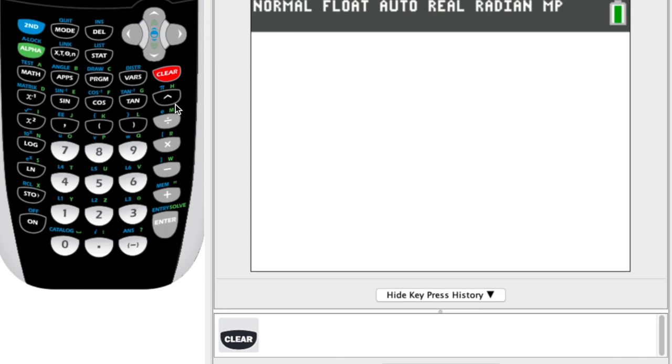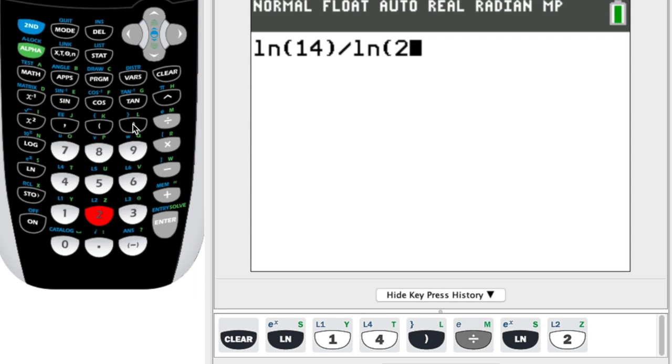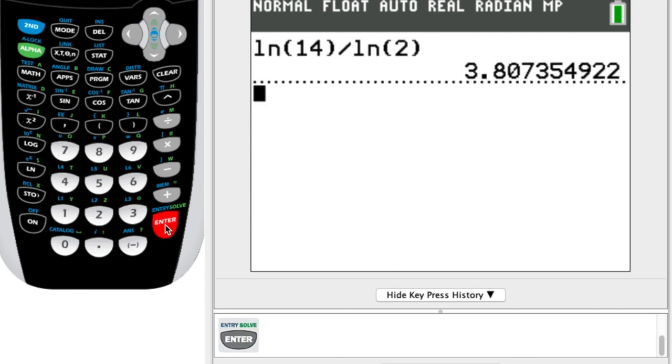Let's see if we can get that to work with natural log. If I do natural log of 14 and I divide that by the natural log of 2, I get 3.807354922.